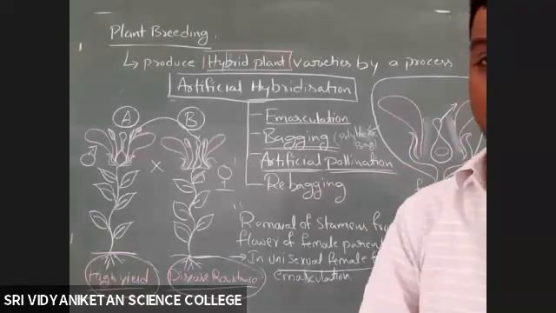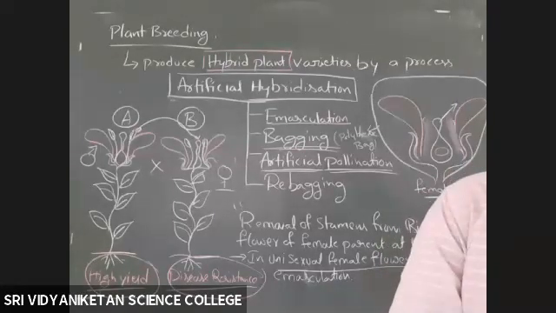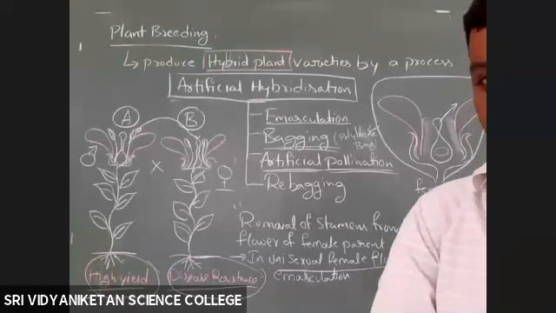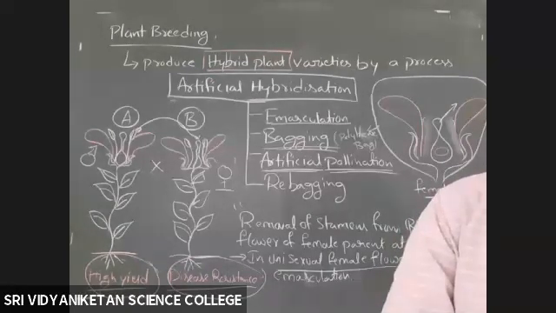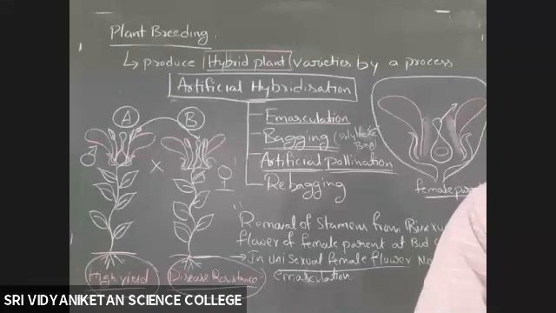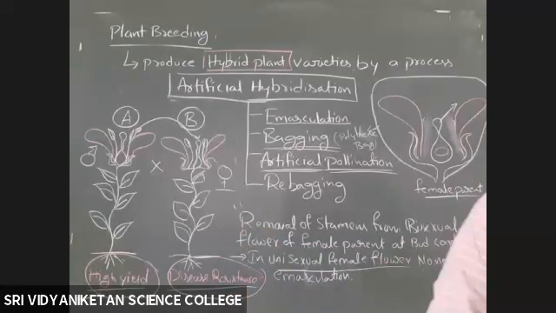It is called rebagging. After rebagging, pollen grains present on the stigma germinate and produce a pollen tube. Fertilization takes place, and it forms fruits and seeds. When the seeds germinate and produce a new plant, the new plant having both parent characters is called a hybrid plant.